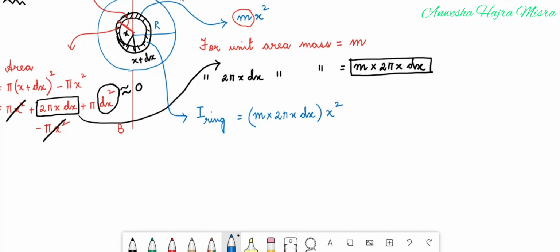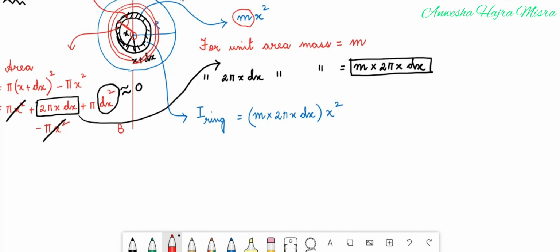Now I want to find the moment of inertia of the disk. Then I have to integrate. I have to break this disk into small rings and add up the moment of inertia, which is done by integration.